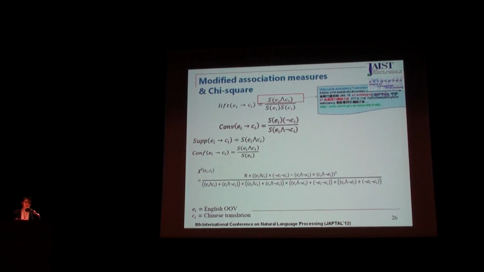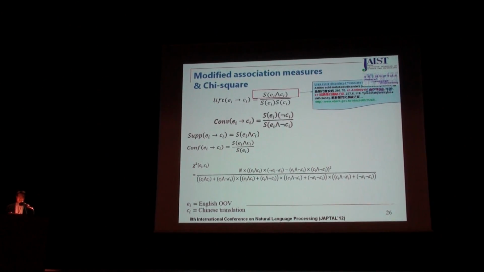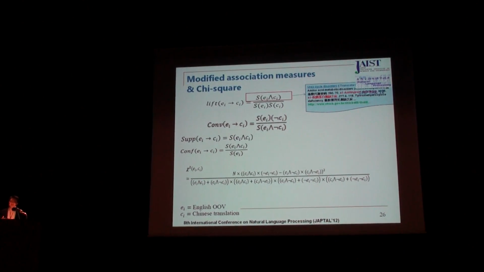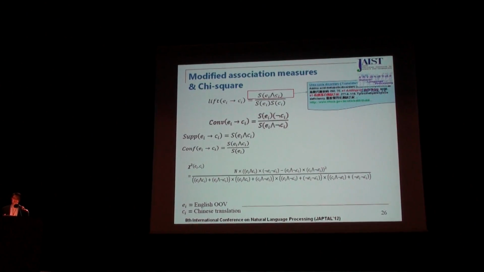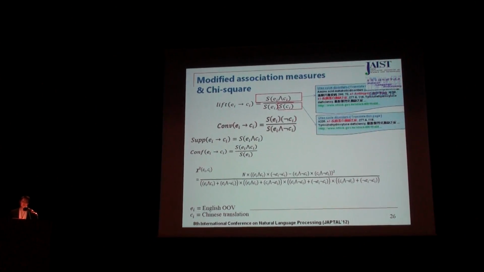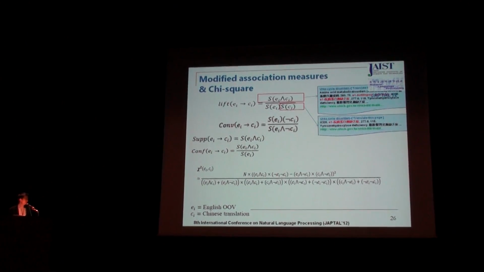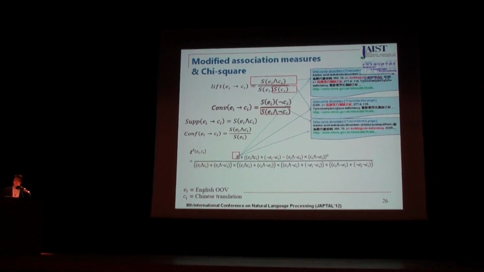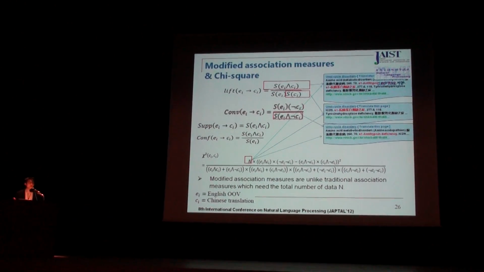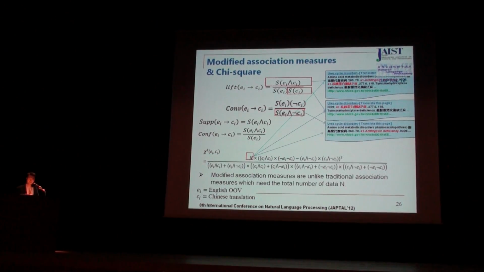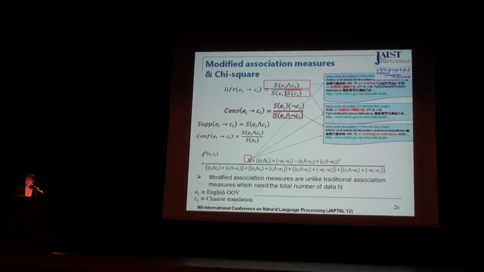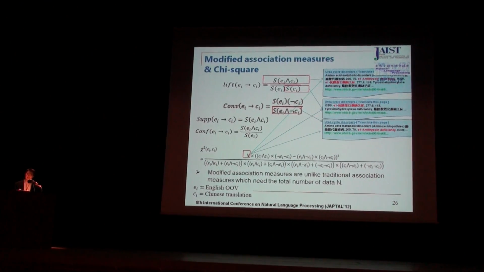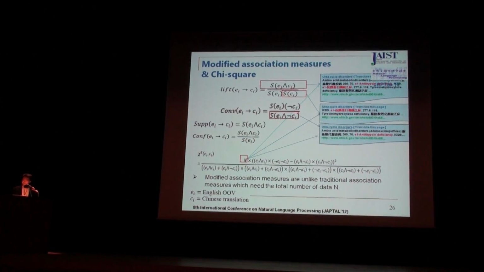We assume that the total number of web pages is much, much larger than the number of web pages that contain the translation of the out-of-vocabulary terms. So we modify the association measure so that it basically does not require N, the total number of web pages. However, the traditional chi-square does require N, so we can only use that kind of feature on local datasets.